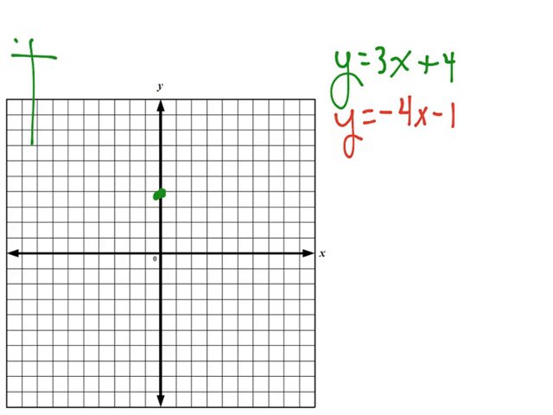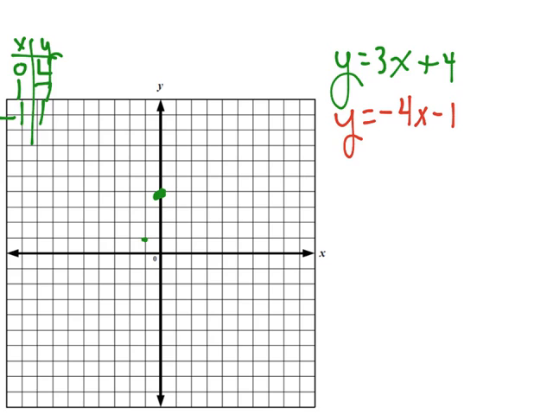Let's see here, x, y, and 0 was 4. When x is 1, 3 times 1 is 3, plus 4 is 7. Negative 1 times 3 is negative 3, plus 4 is 1. So we can actually see that negative 1, 1 is a point.